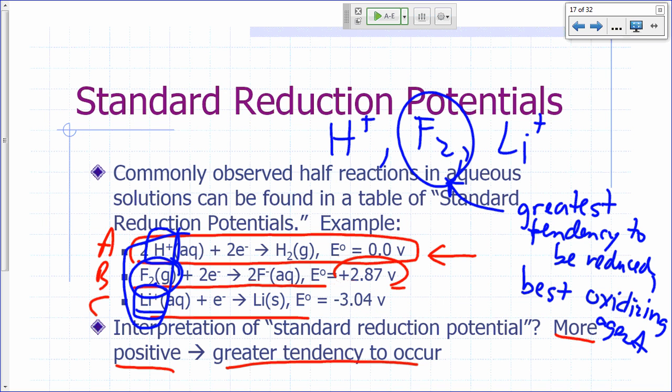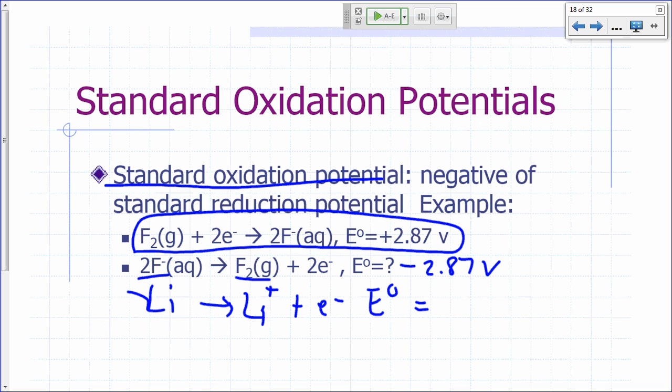So what's the value for the oxidation potential? What's the negative of negative 3.04? It's going to be positive 3.04. So if I were to compare fluoride versus lithium, in these half reactions they are oxidized, right? If they're oxidized in a reaction, you would call them the reducing agent.